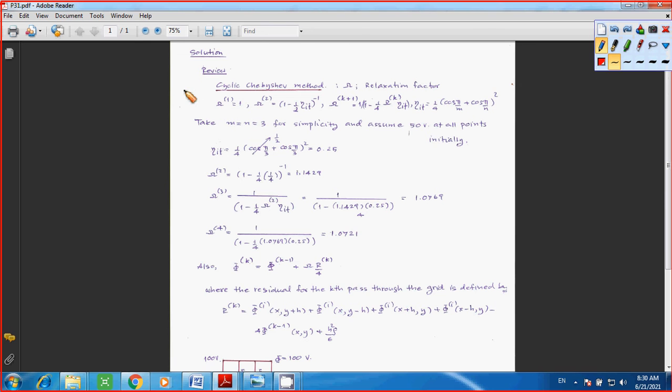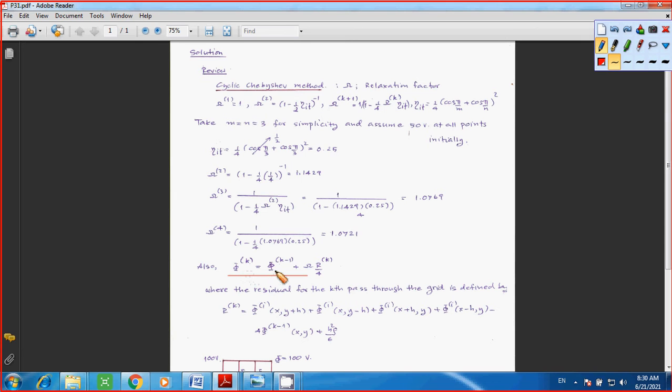Well, let's review the cyclic Chebyshev method. This is your phi, the potential at each point or each match.